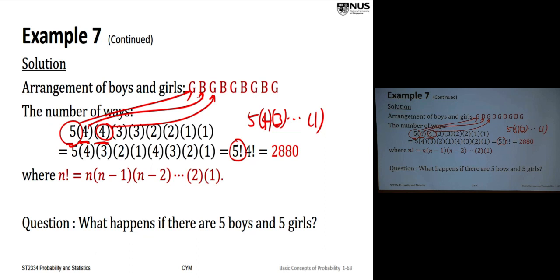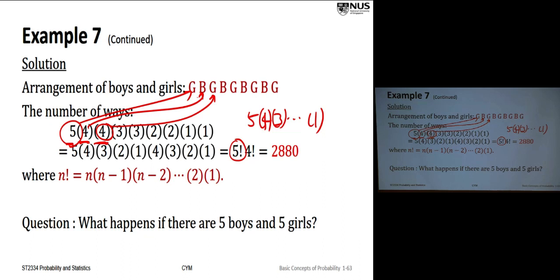Now here's the question. What happens if I have 5 boys and 5 girls? So you ask yourself, how many ways can you do it? First of all, we do it in steps. Before we assign the boys and girls, let's arrange such that it meets the criteria that the boys and girls sit in alternate seats.